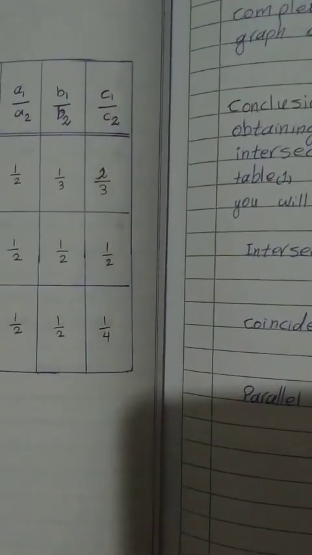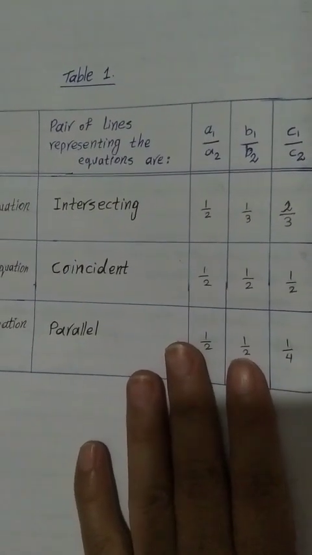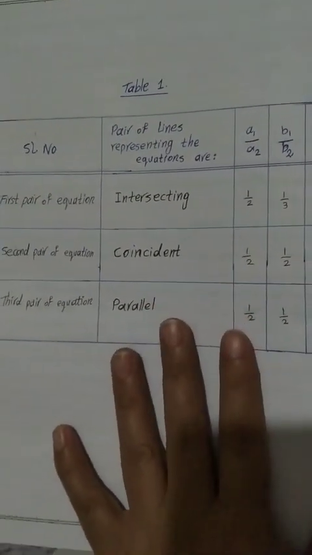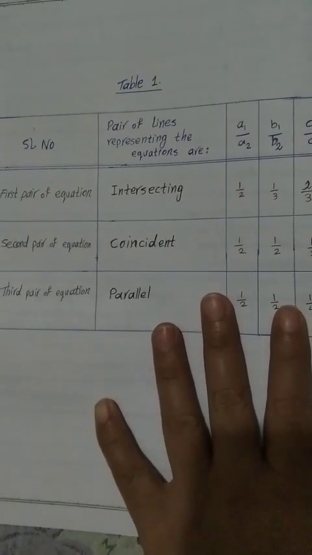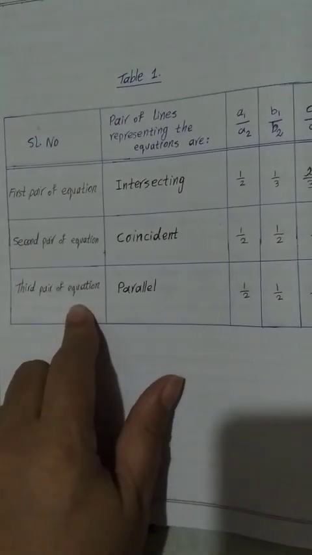In this practical, finally you are going to come to this conclusion. You make your table, if it's there in the PDF or not, I don't know, maybe it's there. If it's not there also, you should draw this, but I think it should be there. In this table you are going to line out the first pair which I gave you, second pair and third pair.